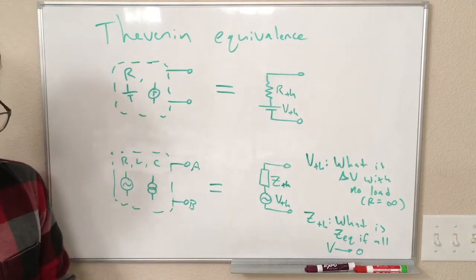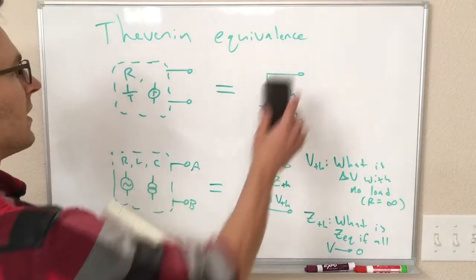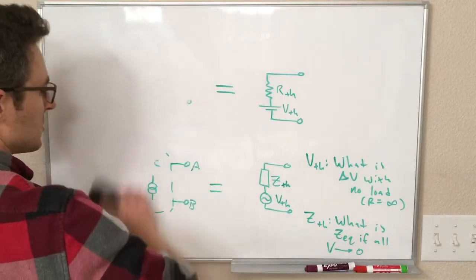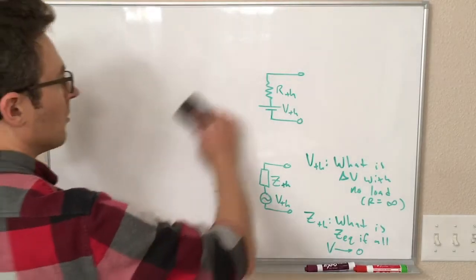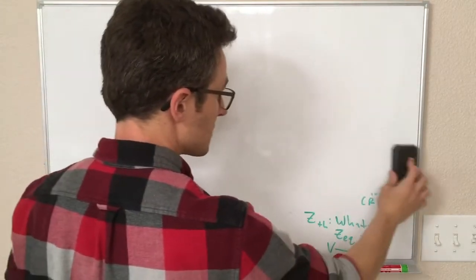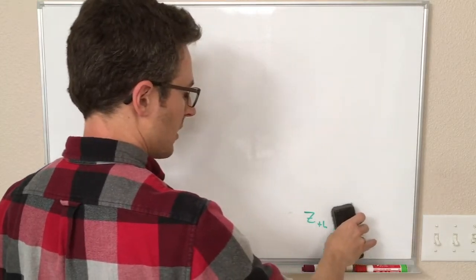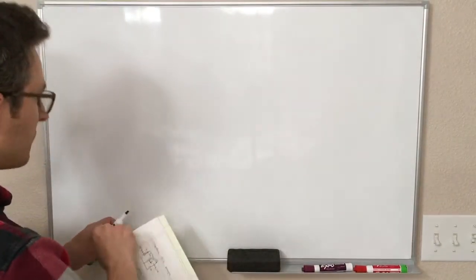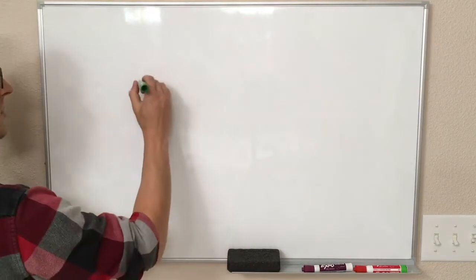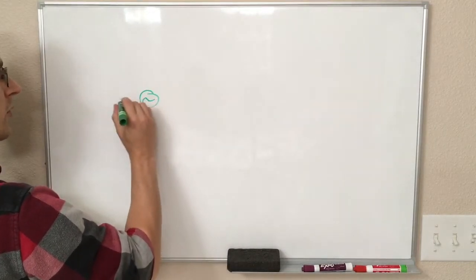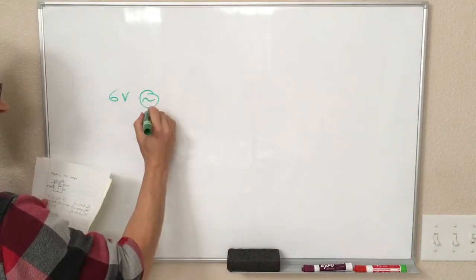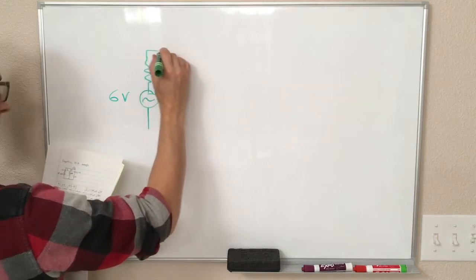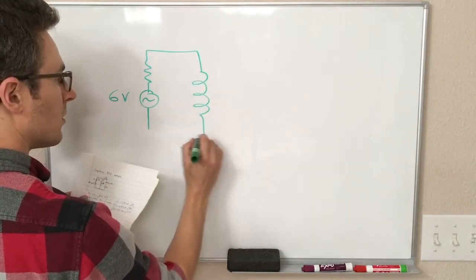All right, let's do a little branch current analysis example just to show you how this really isn't that much more complicated than the resistor stuff. So let's say I have an AC circuit with a voltage source that is 6 volts, and that is connected to the following components.